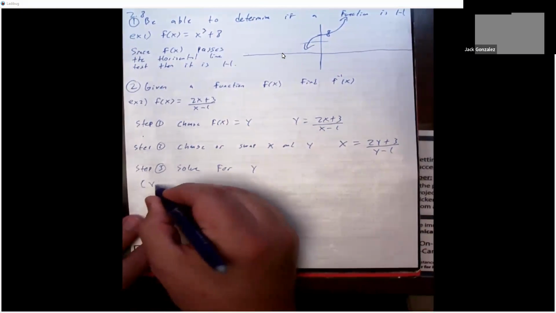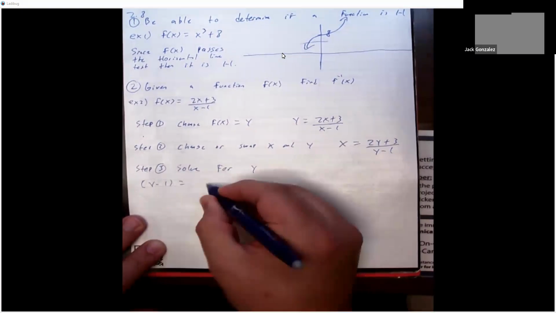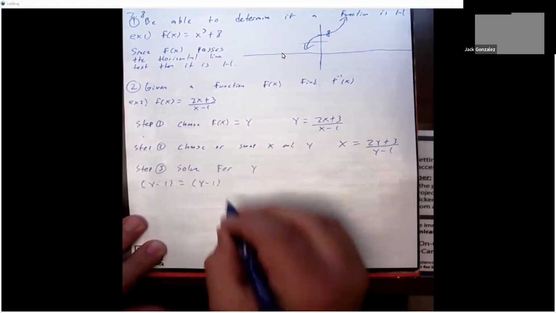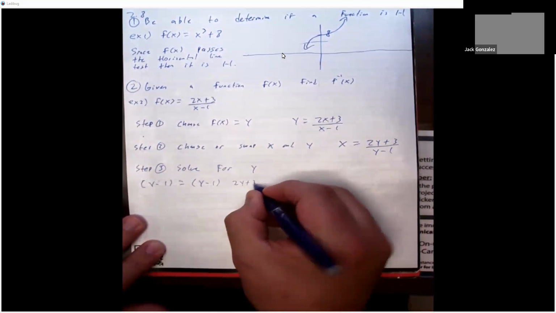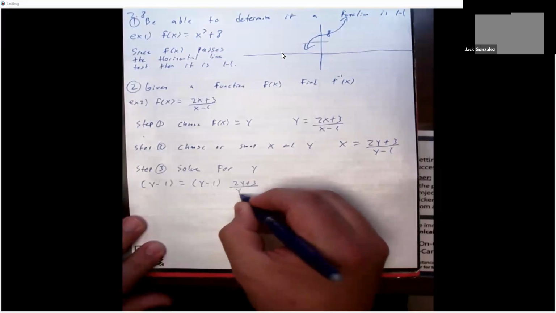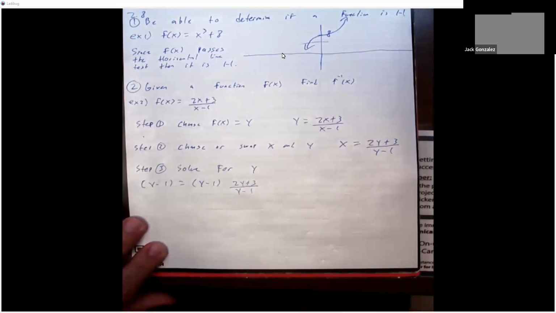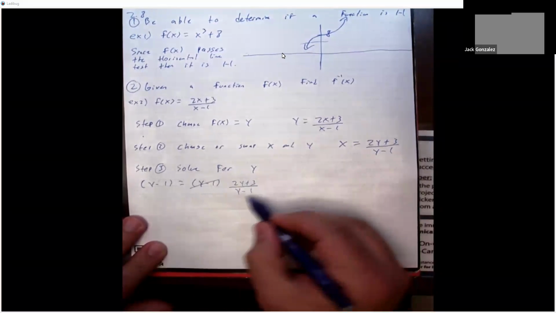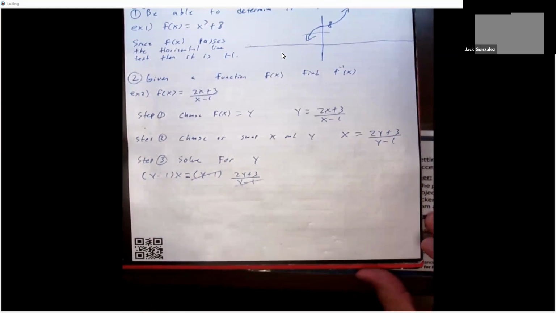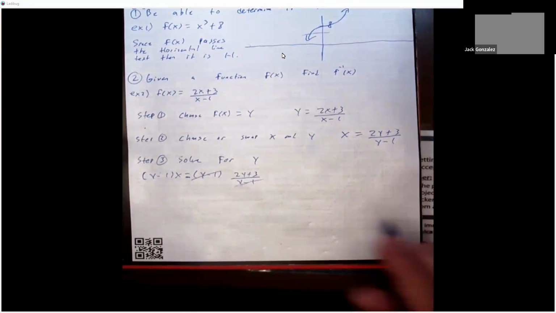So multiply both sides by y minus 1. I forgot to write the x. Both sides, y minus 1, y minus 1, right?